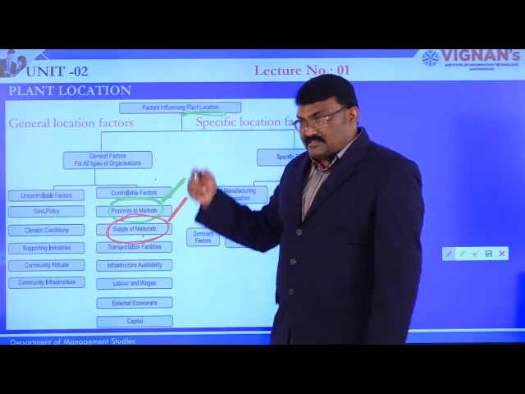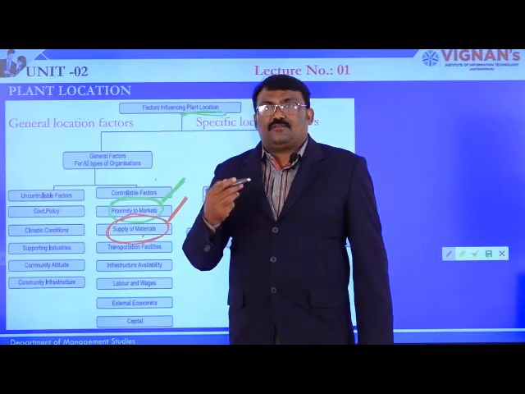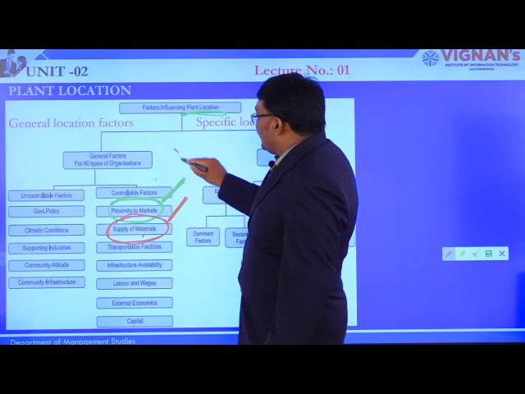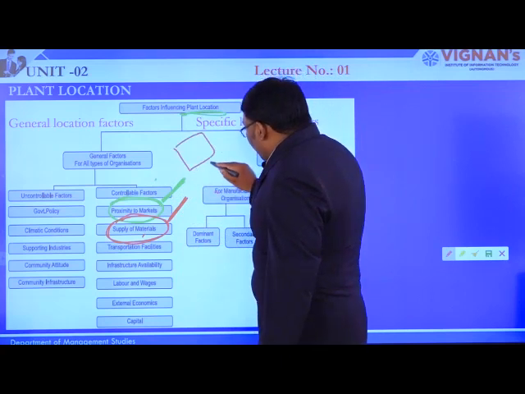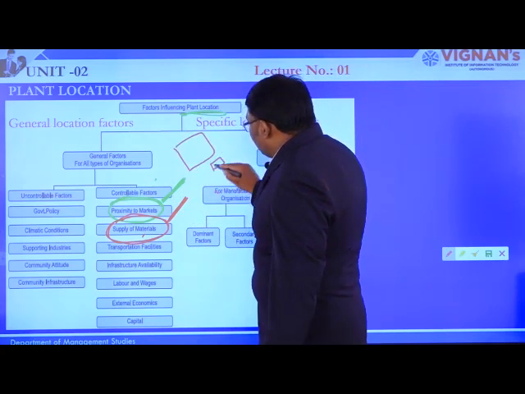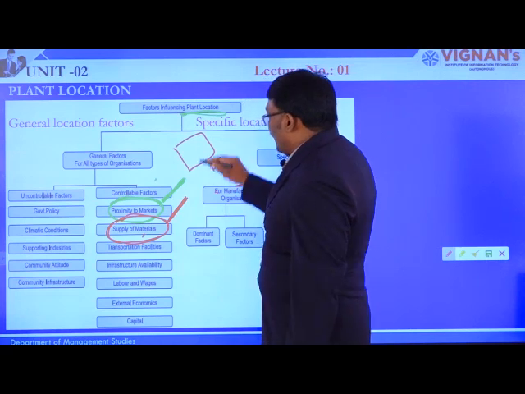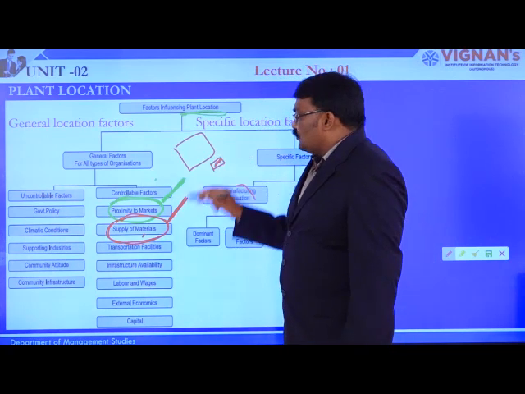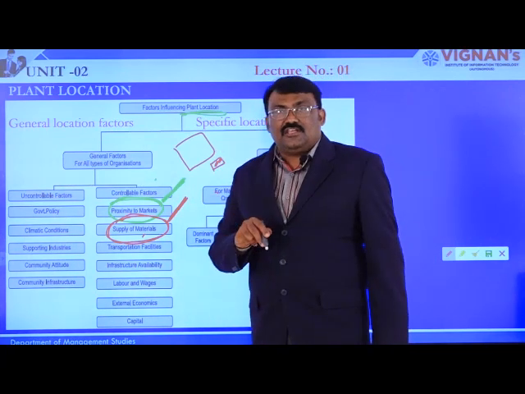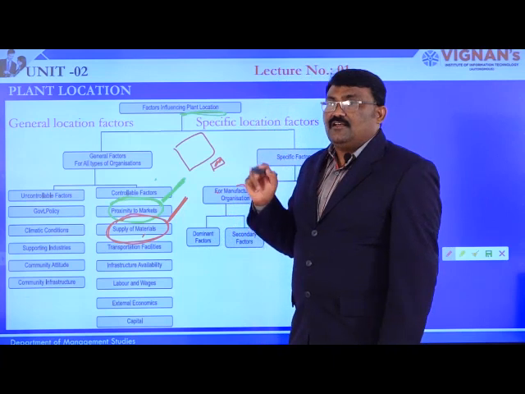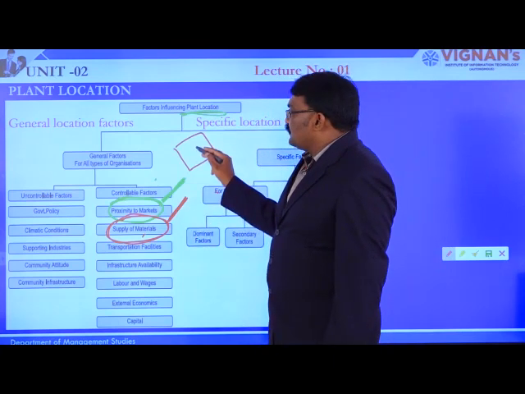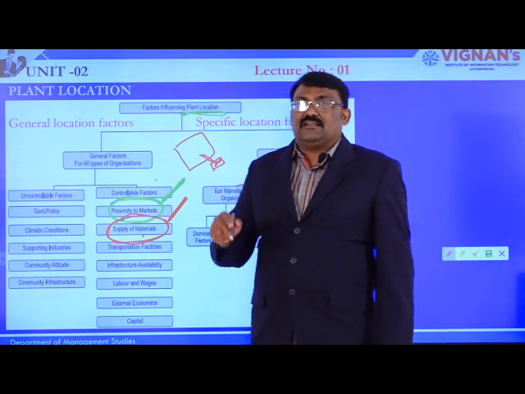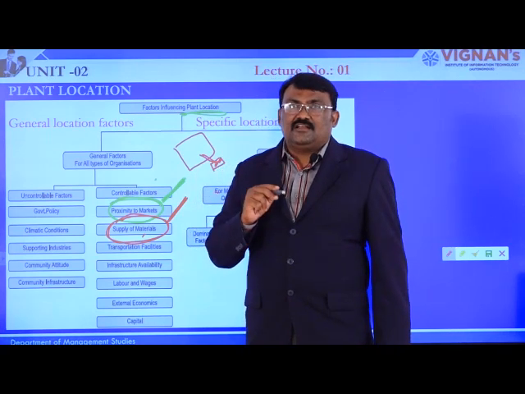That means they establish their supplying unit near the plant location. So the supplier's location is near to the plant location, and because of that, it becomes easy to get the raw material from the suppliers in a very short duration.